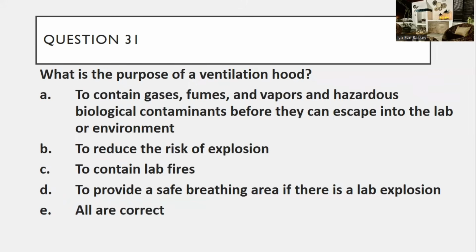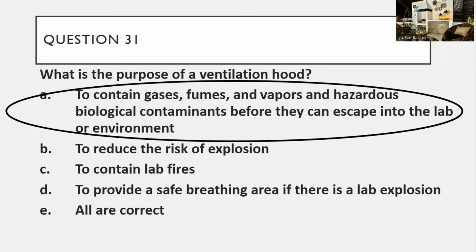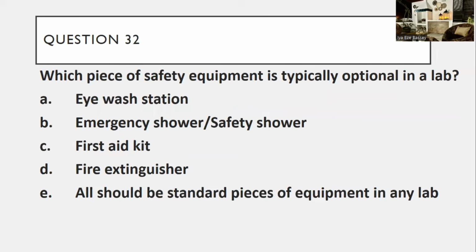D, to provide a safe breathing area if there is a lab explosion. E, all are correct. A, you want to use a ventilation hood so that you can contain gases, fumes, vapors, and hazardous biological contents when you are working so that they don't get into the lab or into the environment and infect or affect people.